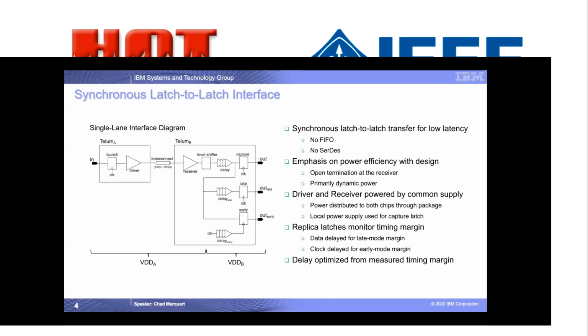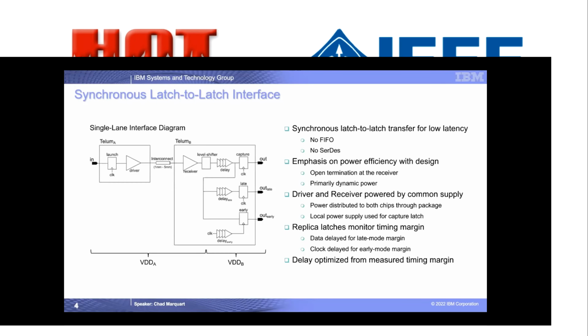Another thing that was done to keep the area and the power of the receiver down is providing a common power supply for both the driver and the receiver, which is designated by the VDDA section of the diagram below here. Notice that the VDDA supply from Telum A that's used to power the same digital logic as the rest of the chip is actually fed forward into the Telum B chip simply to provide power and level shifting to the signal being received.